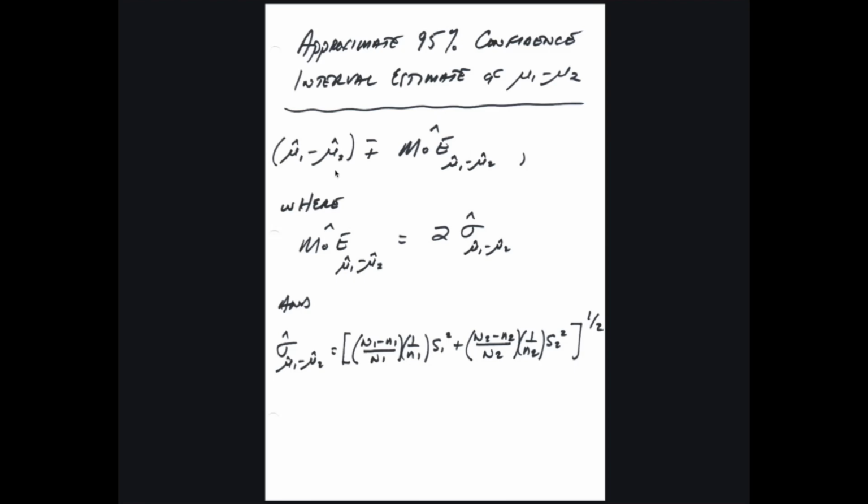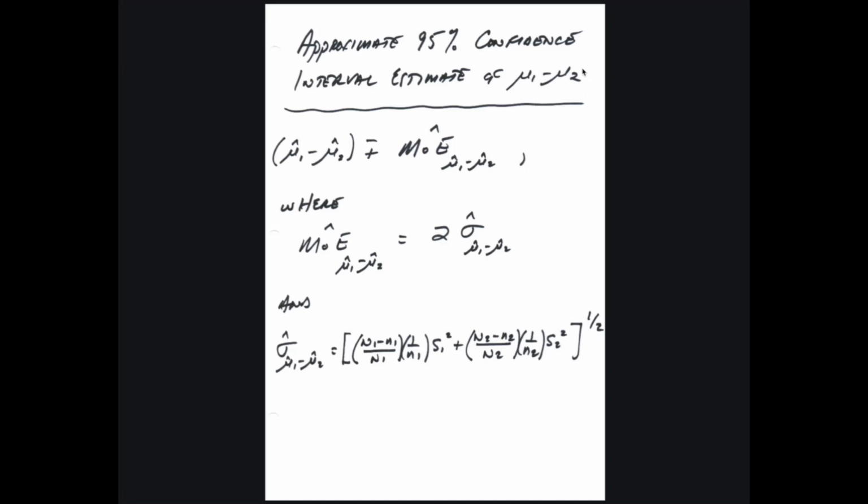The way we do this is we start off with a point estimator, and then we go a distance to the left and to the right from that point estimator, an amount equal to the approximate margin of error associated with that point estimator. And so the point estimator would be mu hat 1 minus mu hat 2.